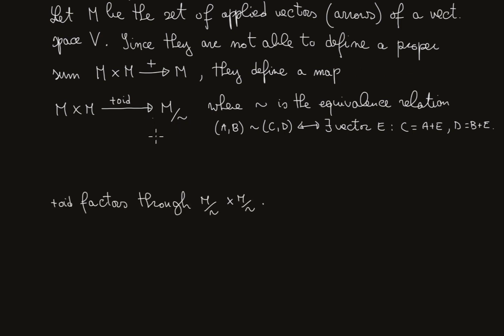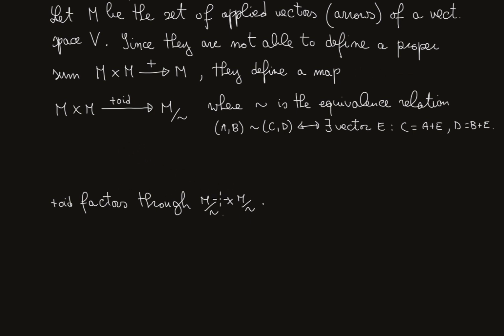We can try to solve these problems mathematically, saying that sumoid factors through M modulo the equivalence relation times M modulo the equivalence relation.